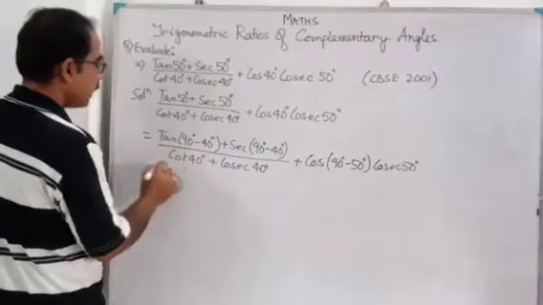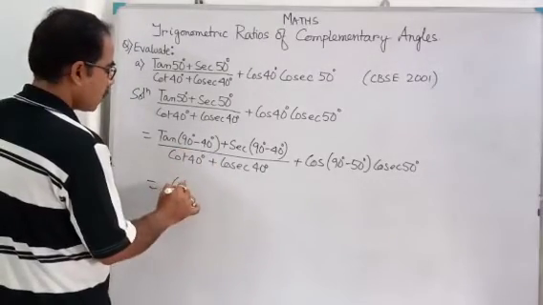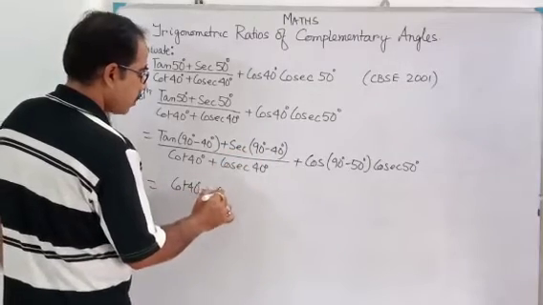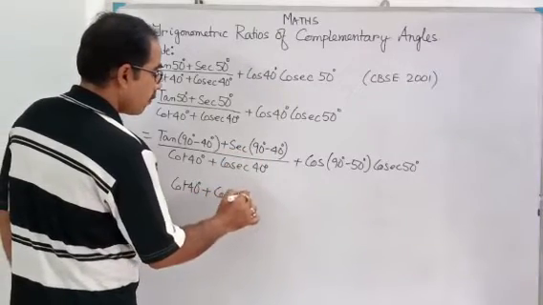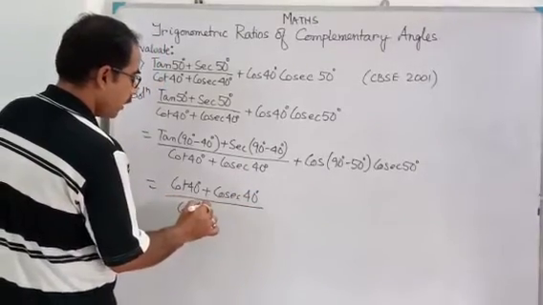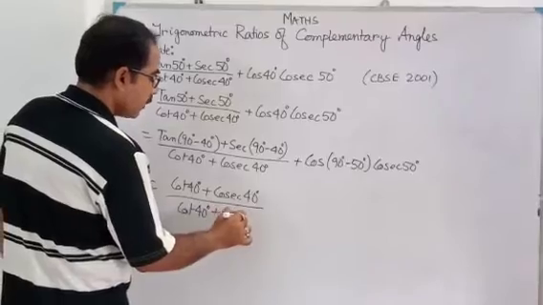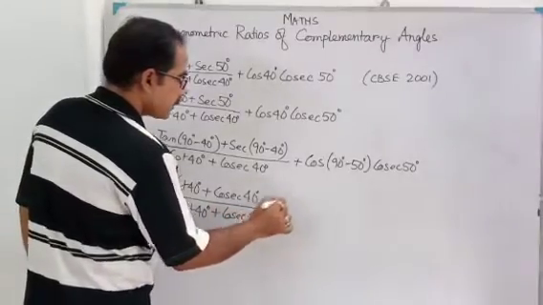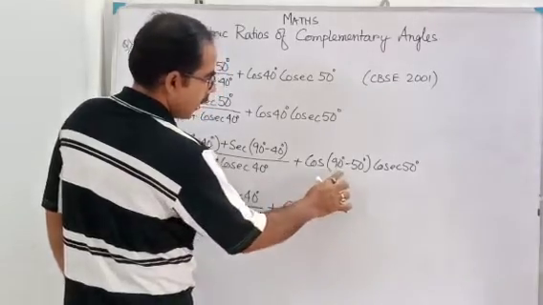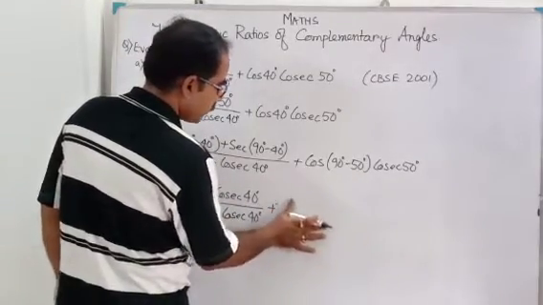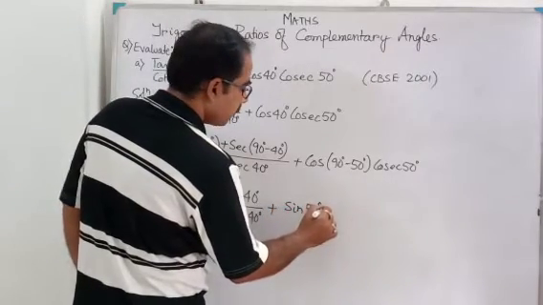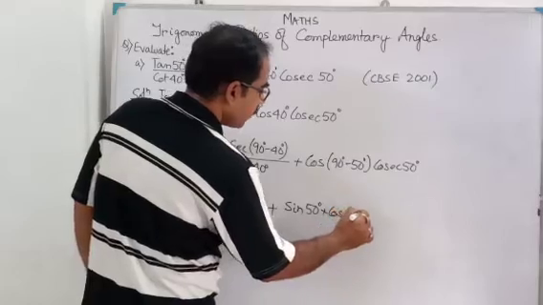So now look here, tan 90 minus 40 means what? Cot 40 degree plus sec 90 minus 40 means cosec 40 degree, and in the denominator whatever is there, cot 40 degree plus cosec 40 degree, plus here cos 90 minus 50 means sin 50 degree multiplied by cosec 50 degree.